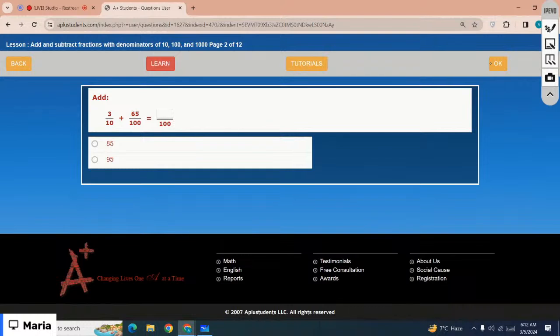That is 95 over 100, because when you multiply this 3 by 10, 3 times 10 is 30, so 30 plus 65 is 95. The correct option is 95 over 100. Got it? Option number 2 is the correct option.